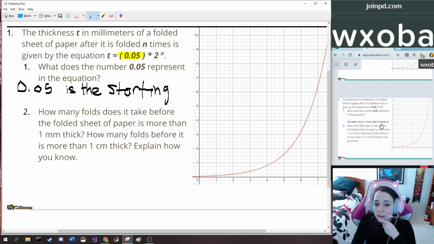The start value of thickness of the paper. So 0.05 is the starting thickness of the paper.